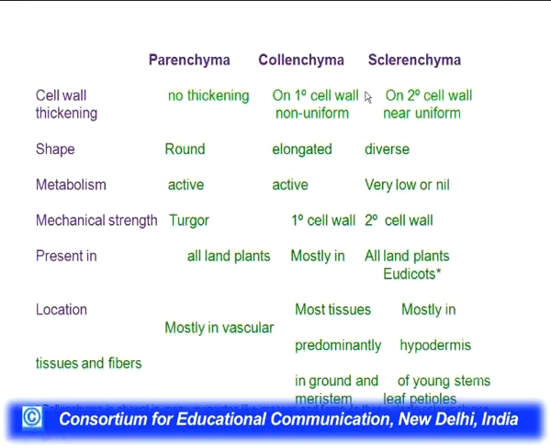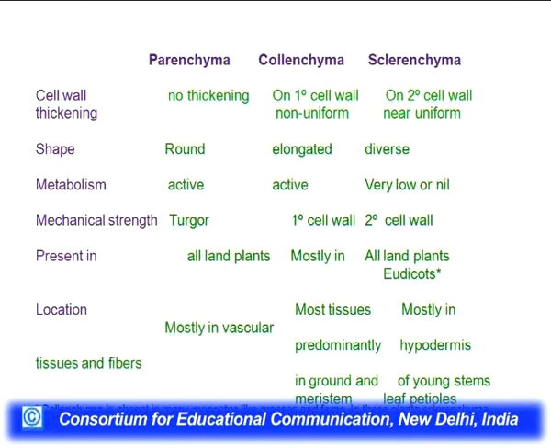So, this is where there is a difference between Collenchyma and Sclerenchyma. Collenchyma also have cell wall thickening, but it is mostly primary cell wall thickening. As the cells elongate, the cell wall thickening goes on, and quite interestingly, this thickening does not kill the cells, because it is not throughout the cell.